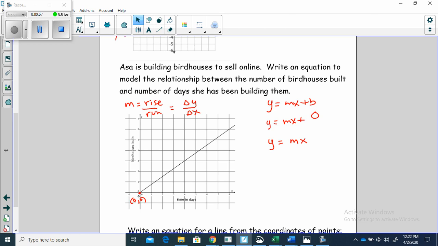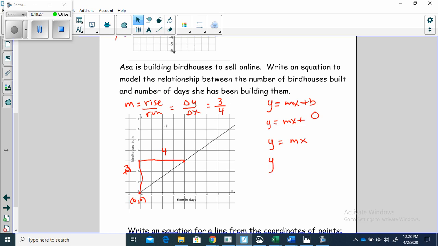So all I need to do is build me a right triangle and use rise over run if I want to. Let's find a place where they both cross the grid lines. There it is. I'm going up 3 and over 1, 2, 3, 4. Over 4. Up 3, over 4. My slope, my rate of change, is 3 over 4.